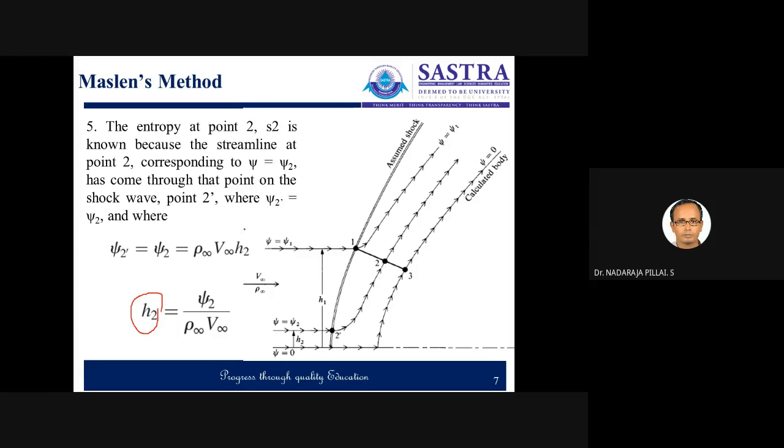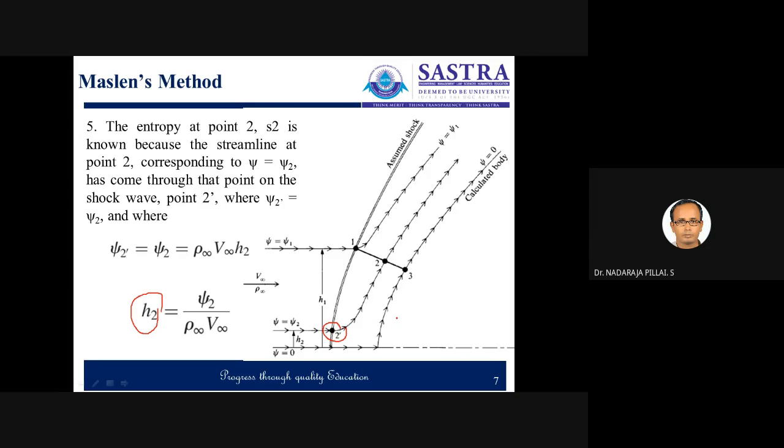So H2 can be calculated from the equation, right? Which locates the point 2 dash on the shock, right? Here. So in turn, S2 dash is also known from the oblique shock relations, right?